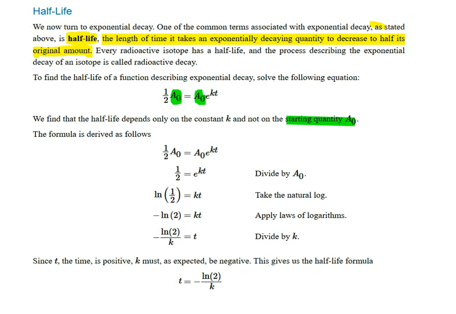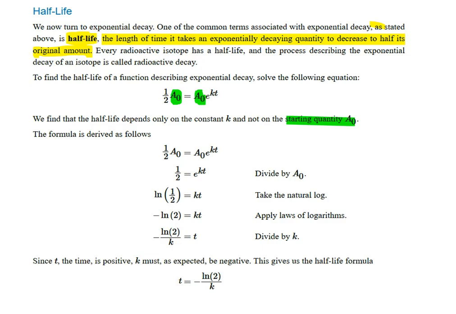Now, what they do next is they actually solve this thing for t, but you could also solve for k. They divide both sides right here by the A sub 0. That cancels that and that cancels that. So you're just left with 1/2 equals e to the kt. And then they go from there.